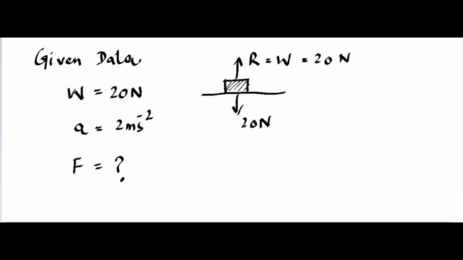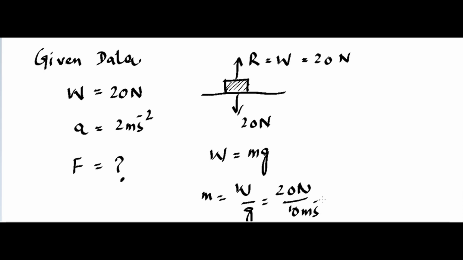To calculate this, first we calculate the mass from the weight of the object. So weight is equals to mg and mass is equals to weight divided by g, which is equals to 20 Newton divided by 10 meters per second square is equals to 2 kg. The mass of the object is the 2 kg.